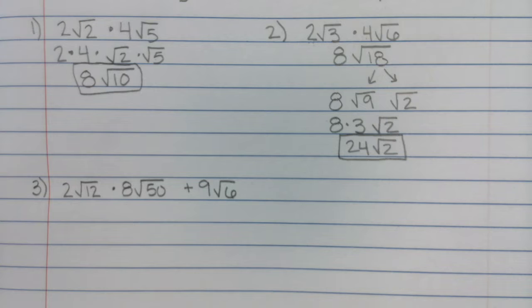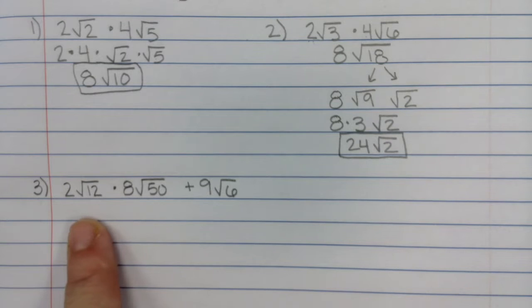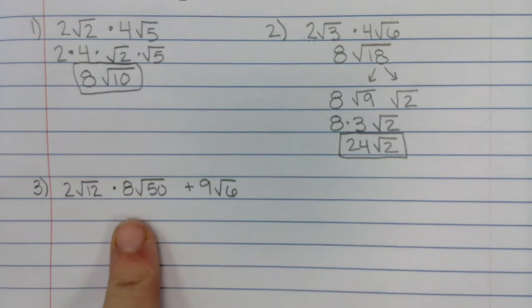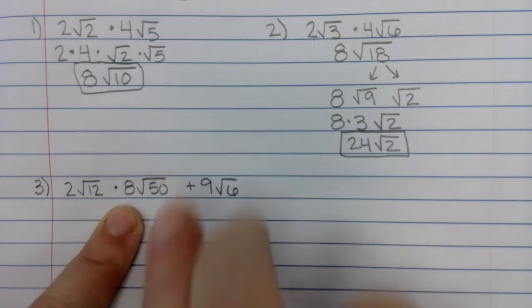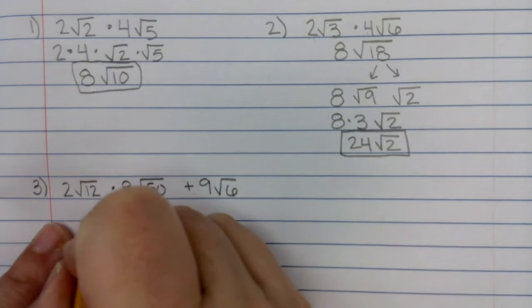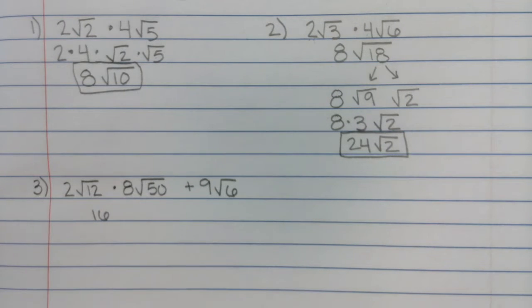Anyone know that one? 12 times 50 is 600. So close. So 16 square root of 600. And then I'm going to drop down that plus 9 square root of 6. We haven't done that yet, so I need to include that.